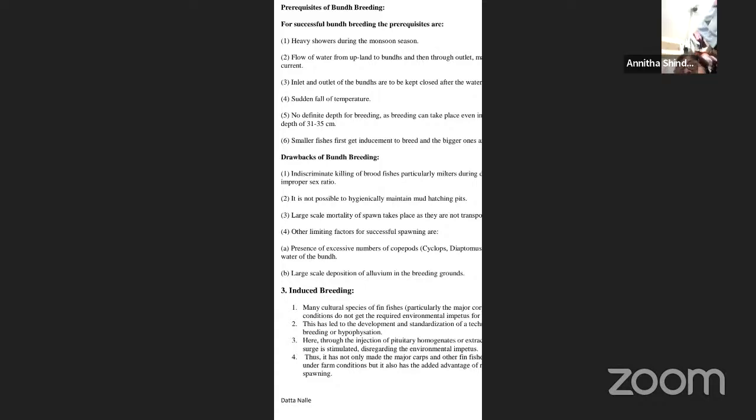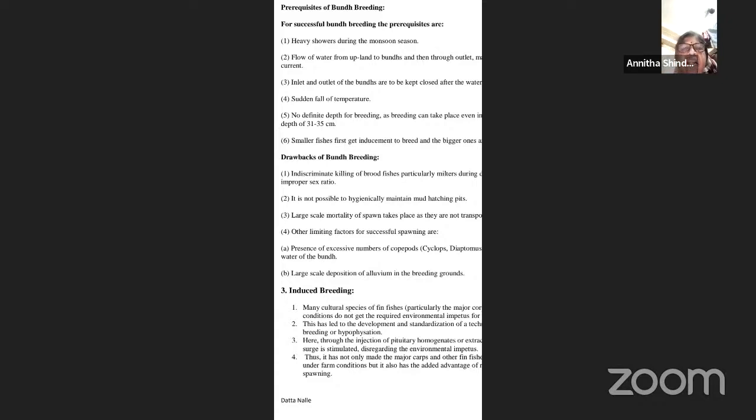Brood fishes means the ones which are ready to breed, those are called brood fishes, particularly the milters. Milters means nothing but the male, because milt is present in the male. Then it is not possible to hygienically maintain the mud hatching, and large scale mortality will take place because you are not transporting them before the third day.